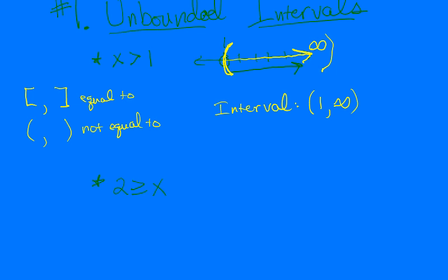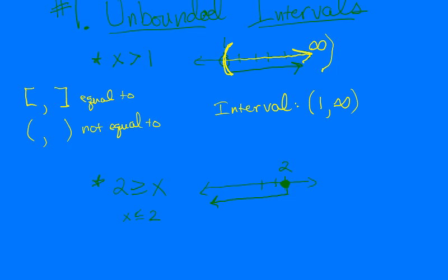A lot of people don't like looking at it this way, but if you think about the graph, it means that 2 is the biggest number that x could equal, so we'd have a closed circle, and all the values that are solutions for x would be less than 2. Another way of looking at this would be to say that x is less than or equal to 2 if we flip it around.